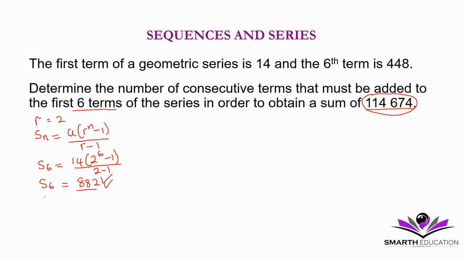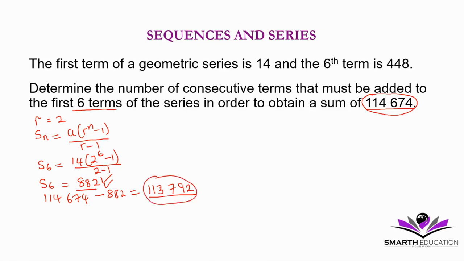So we say 114,674 minus 882. And then we get 113,792.